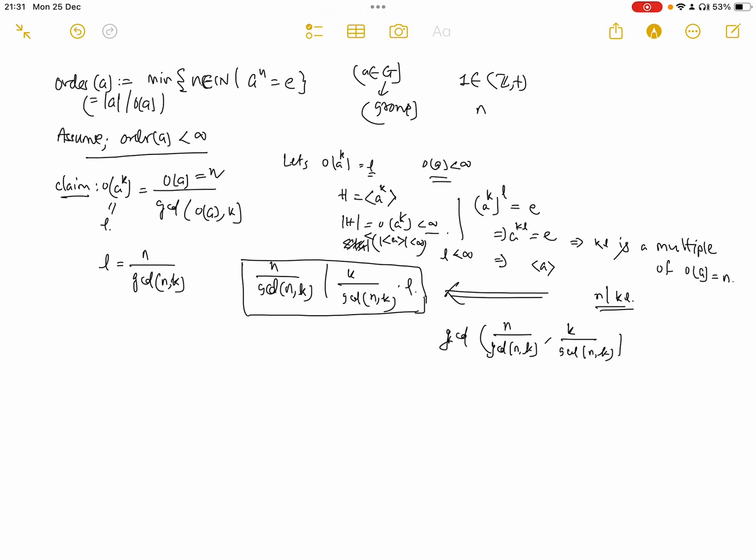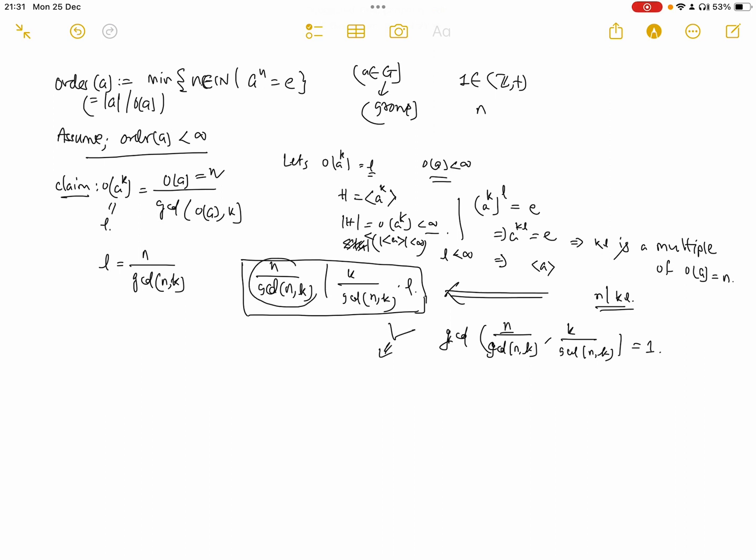Because you have taken out the largest common factor from both of the numbers, which is by definition the GCD of n and k, and you have already factored out that highest possible common factor of both numbers from them. So you end up having just one, right? Because it cannot be anything more than one, because already we have factored out everything that is common between n and k. So their GCD is one.